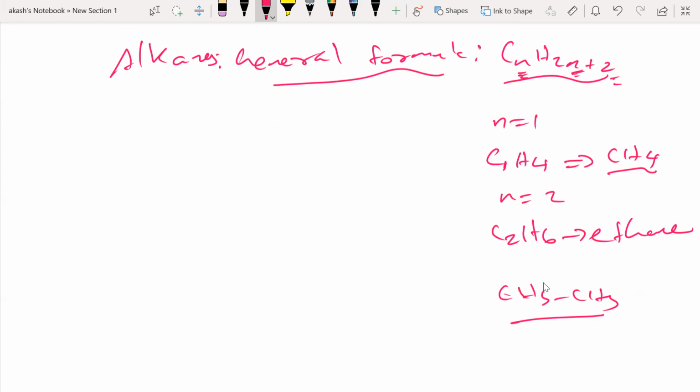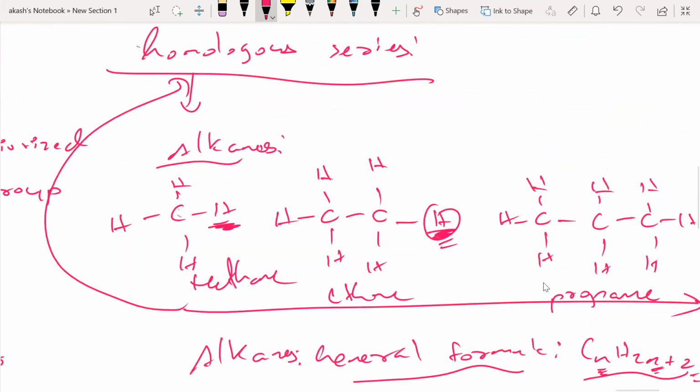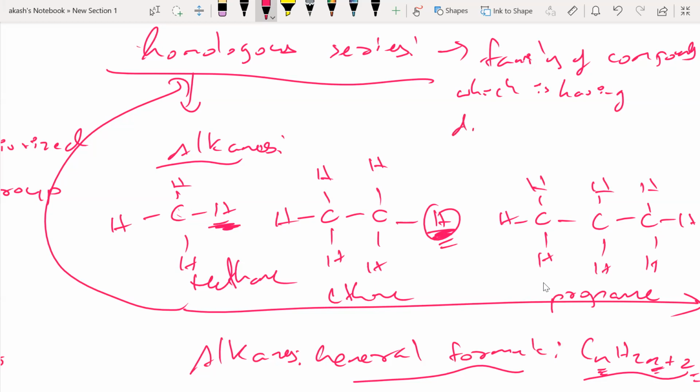So how can I give a proper definition for homologous series? Homologous series means a family of compounds having different numbers of carbon atoms, where one compound is derived by replacing one of the hydrogens in the previous compound.